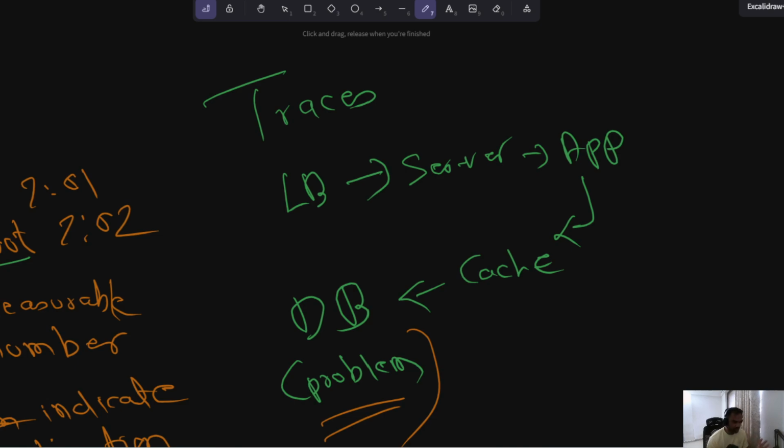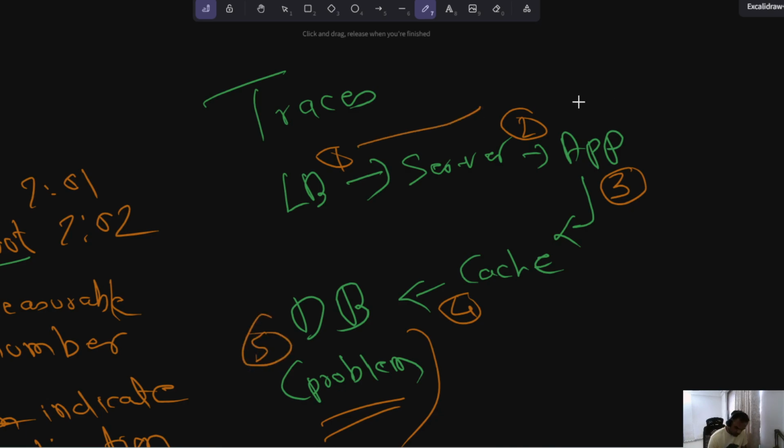So the request first arrived at the LB 1, went to the server 2, went to the application 3, went to the cache 4, and then it terminated at 5. To link this entire flow, we need something, and that is what a trace is.